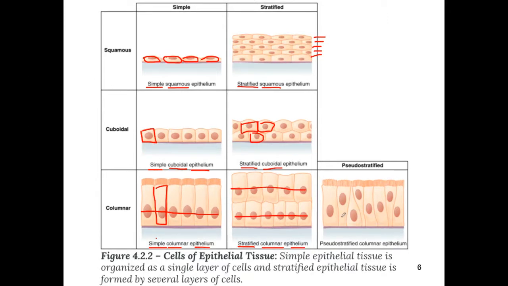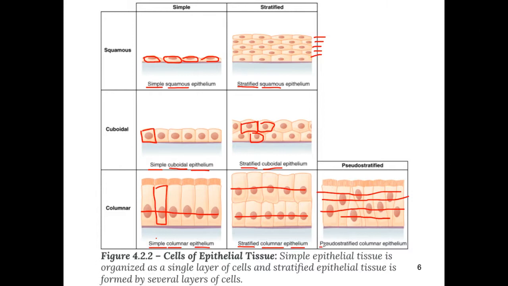But to the right, it looks like, okay, nuclei is at this level. Then we have nuclei at this level. Then we have nuclei at this level and nuclei at this level. So it looks like it's stratified, but it really isn't, right? It's just that the nuclei are scattered at multiple uneven levels.